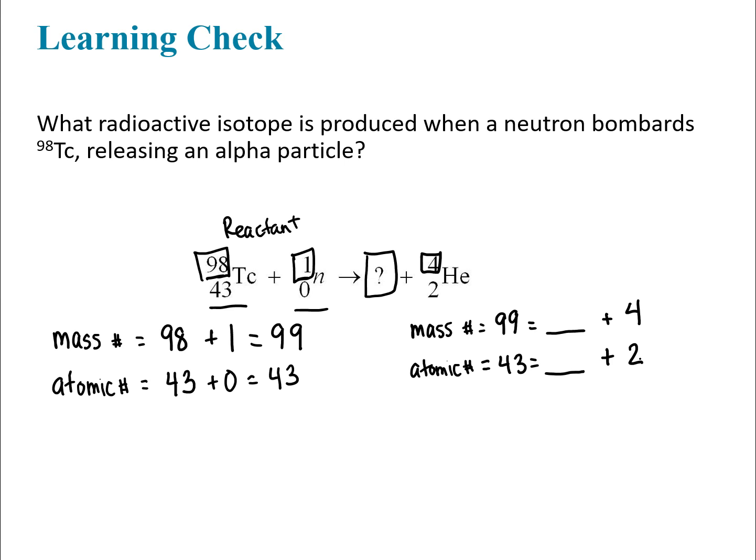So for our product side, mass number and atomic number have to equal what's on the reactant side. But now we've got a different element and a different particle.